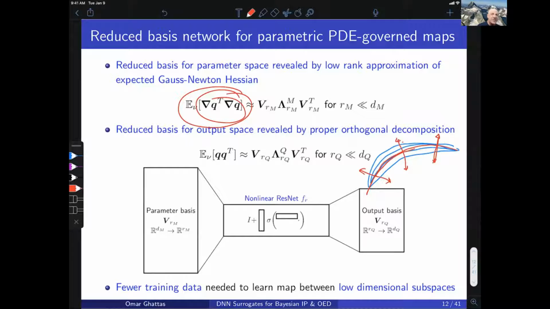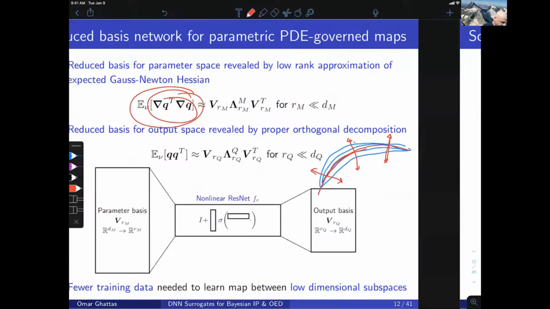Now you're left with something that may be a bit too large, so you'd like to do a further dimension reduction. And that's where the low rank ResNet comes in. The ResNet has an identity part of the map here, and then you're acting on the input to the layer with a low-dimensional map. Let me switch back to the pointer. So then you have a reduced basis representation.